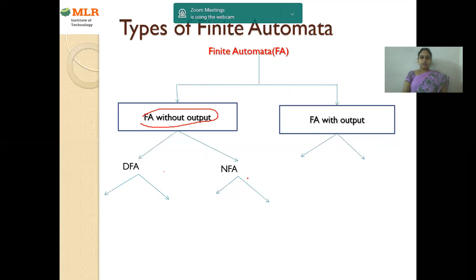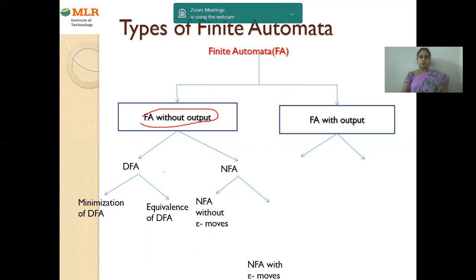Here we are going to discuss DFAs and NFAs. Under DFAs, the concepts we are going to discuss are minimization of DFA and equivalence of DFA. Coming to NFA, we are going to discuss NFA without epsilon moves and NFA with epsilon moves.